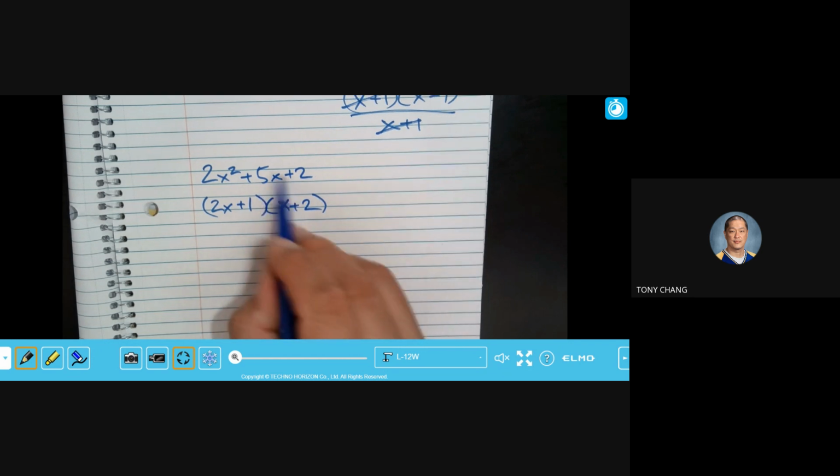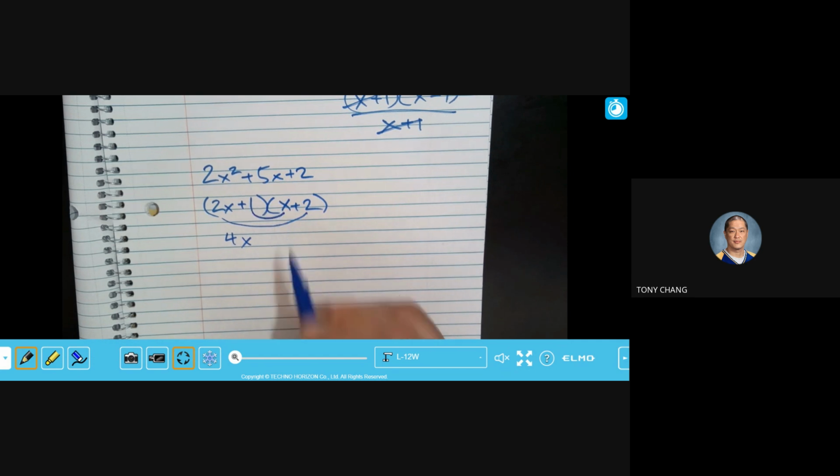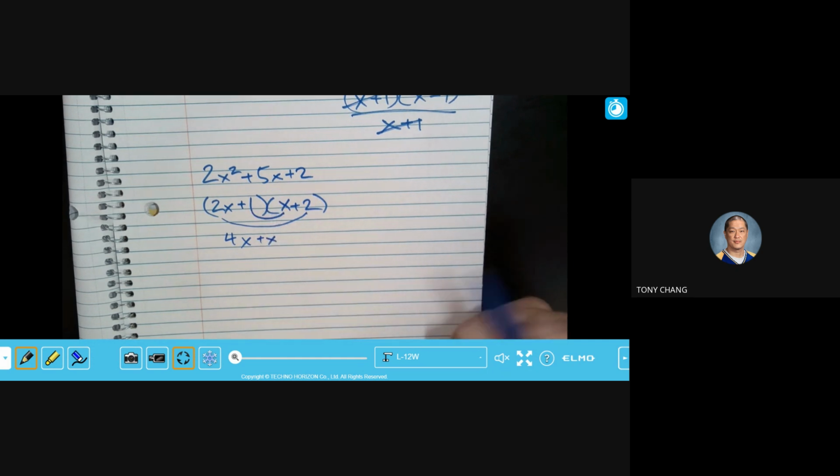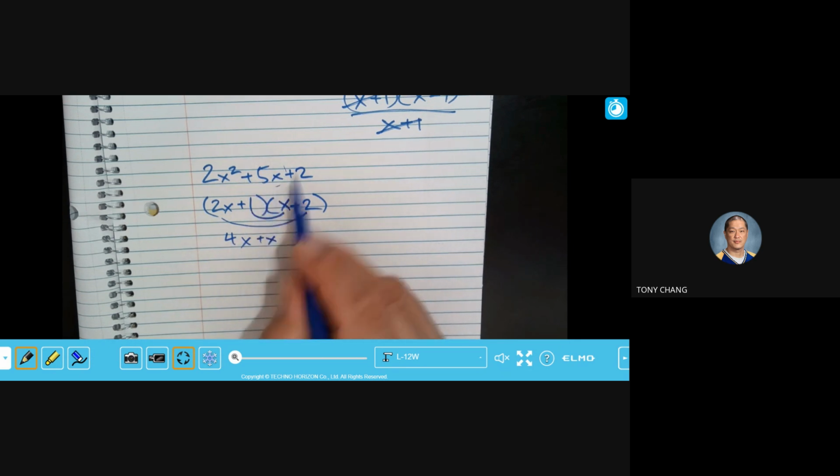I just have to make sure that the outer and inner terms are going to be 5x. So 2x times 2 is 4x, and x times 1 is x. Yes, it's 5x.